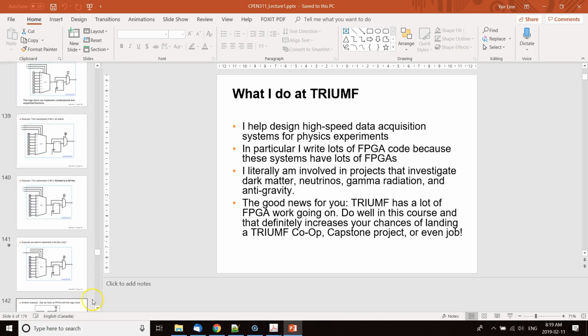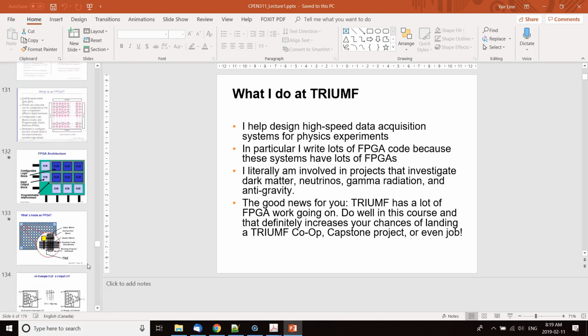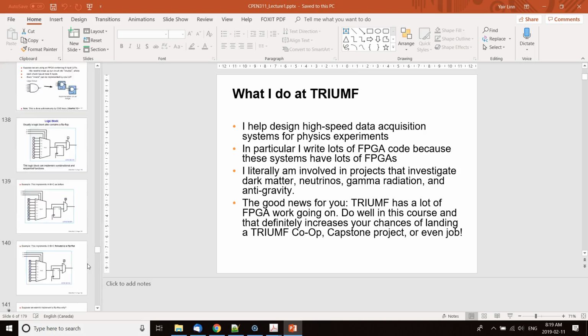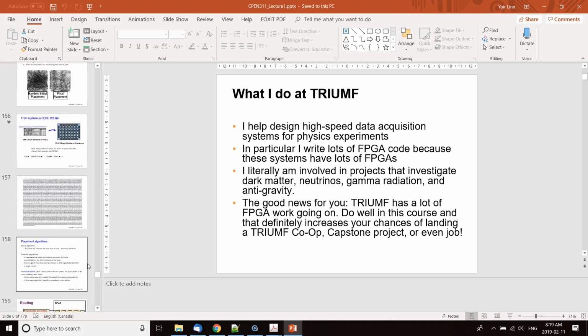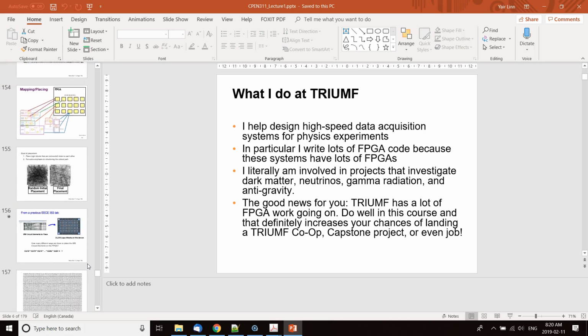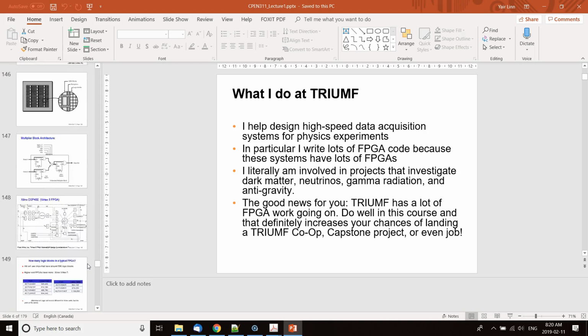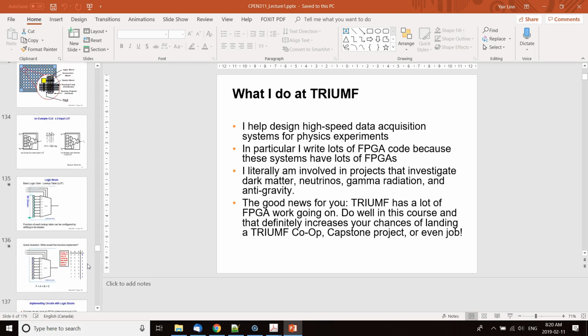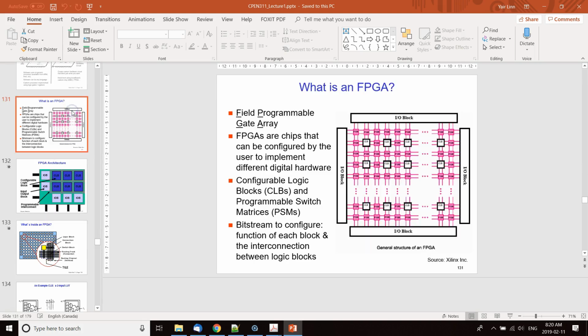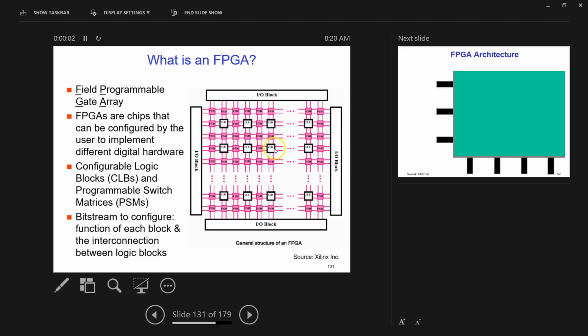Find that slide. We go from logic block to logic block through the routing matrix, right? From logic block CLB to CLB through what's called the PSM, programmable switch matrix.